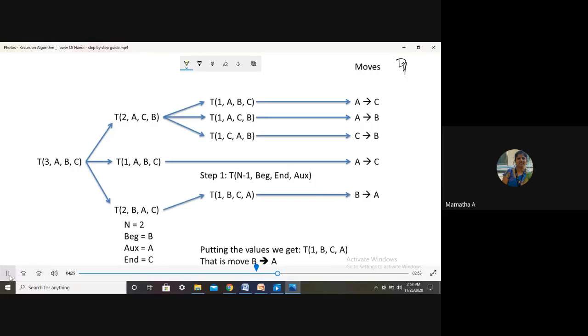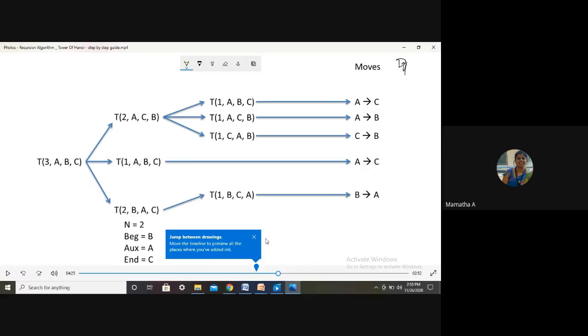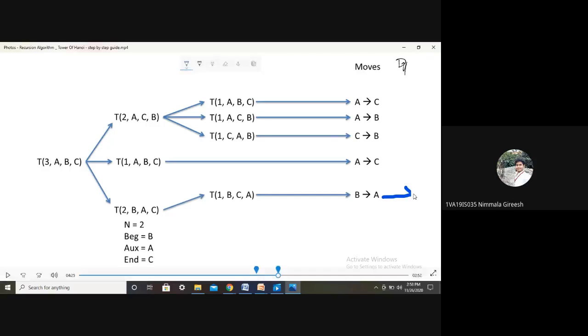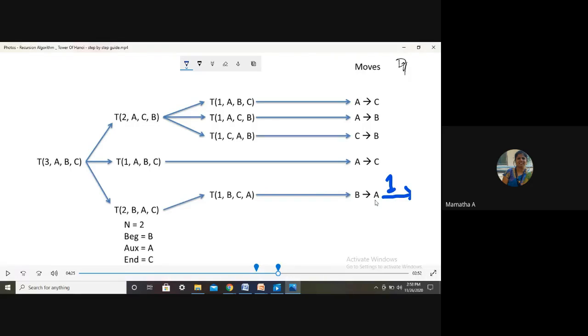Can anybody tell me now which is moved in this case? First disk. Okay, the first disk is moved from B to A. Very good. You people are very good at telling. Disk, right? Okay.